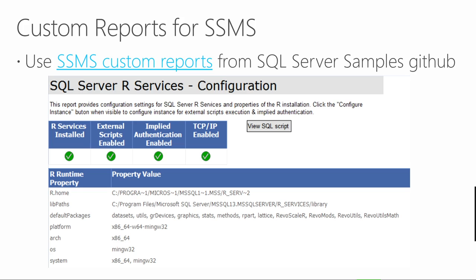If you click on View SQL script, it will tell you the script that you have to execute to fix the authentication issue. Once I did that, everything ran fine. So I can use a trusted database connection, and I don't have to muck around with creating a SQL login or anything like that. So, SSMS custom reports. Anyway, move on.